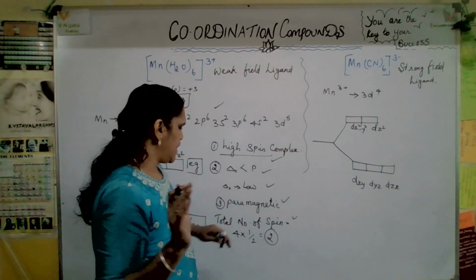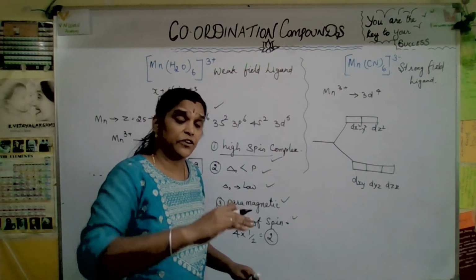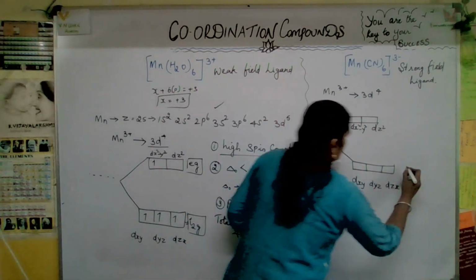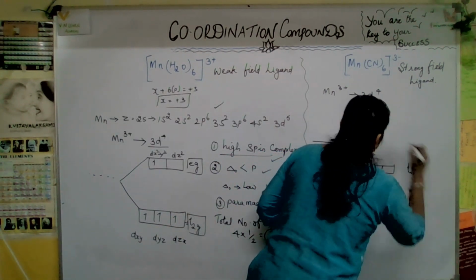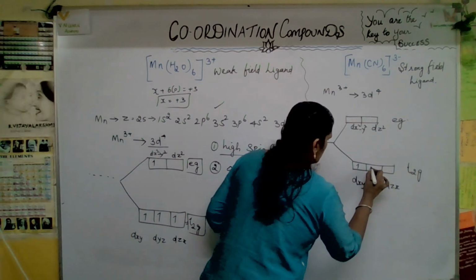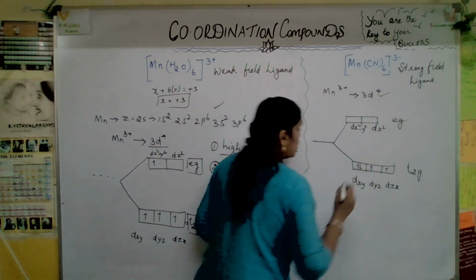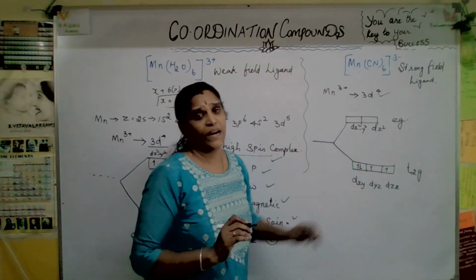Now you have to fill them. This is strong field, so you have to fill the lower level only. That is t2g, this is eg. That means 1, 2, 3, and the fourth will pair up in that lower level only.